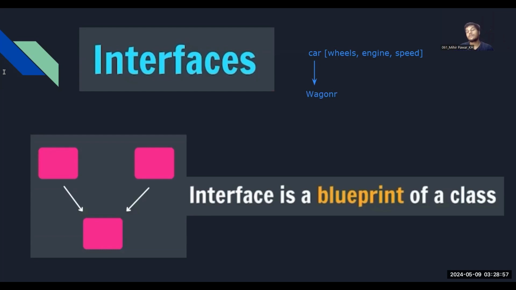Wagner will have some of its own properties in its class, but it will implement all the properties, wheel, engine, and speed, from our Car interface. So this is the hierarchy. There is the interface, then there is the class Wagner, and then there are objects. Then we'll make objects car 1, car 2, car 3 from our class Wagner and interface Car. So this is the hierarchy of an interface.